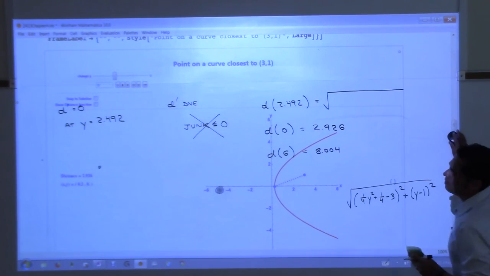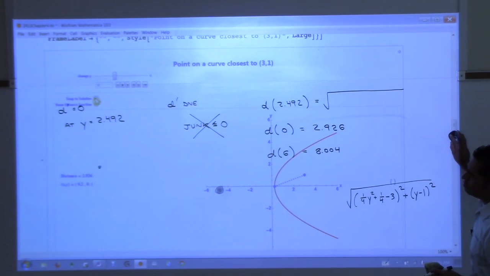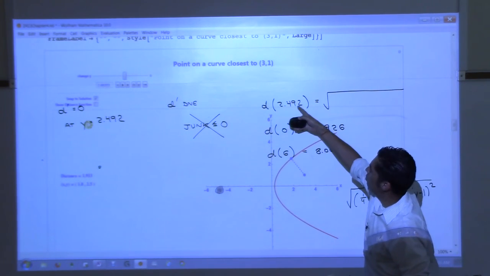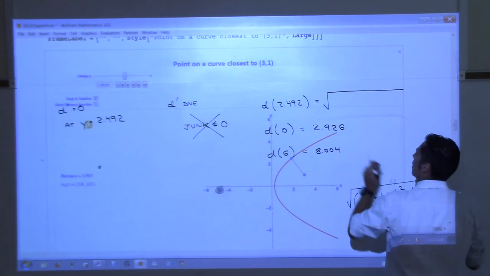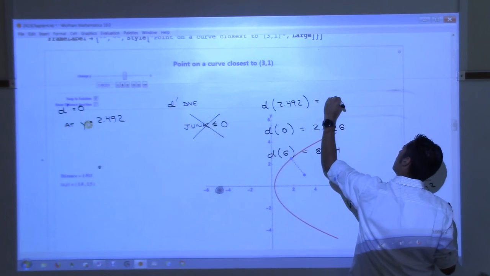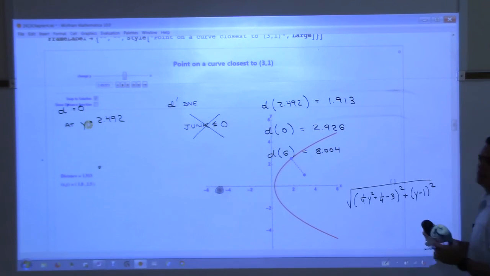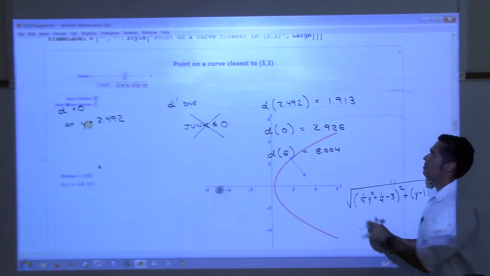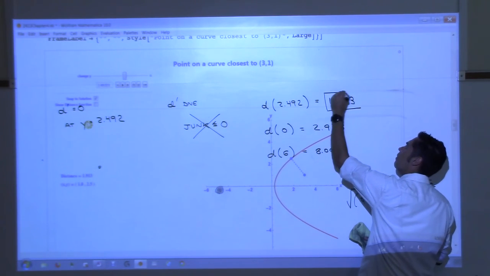And then if you plug in the actual 2.492, you should get something like the decimal 1.913. And remember, with the closed interval method, the biggest one is your max and the smallest one is your min. And so this is our minimum.